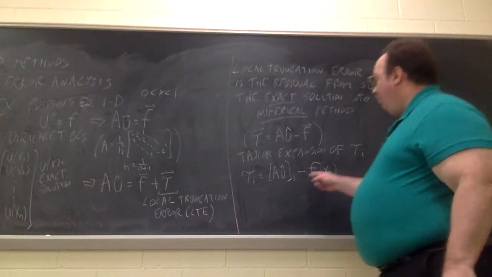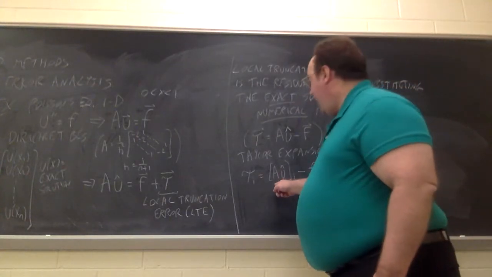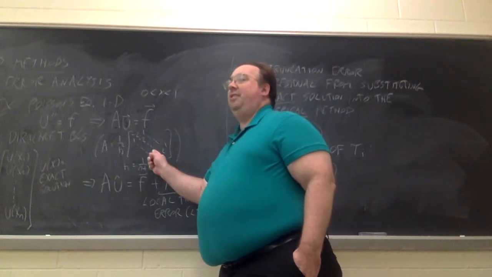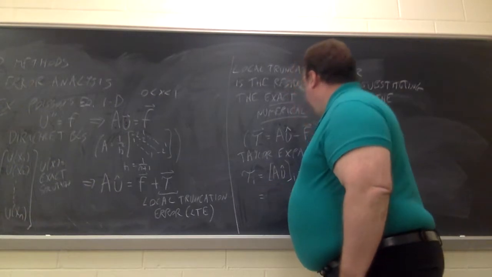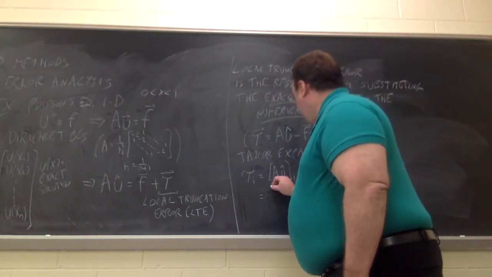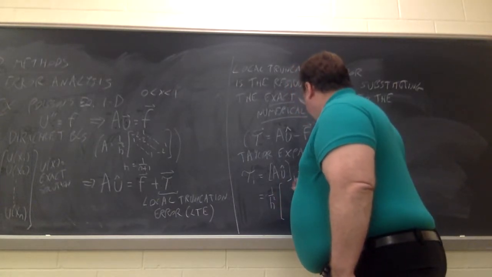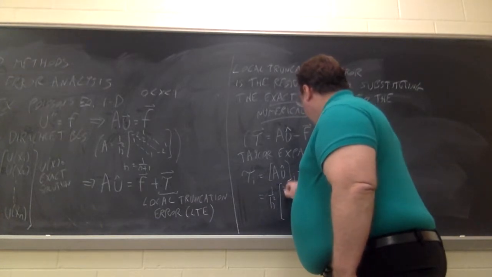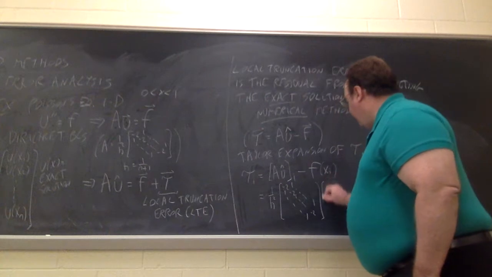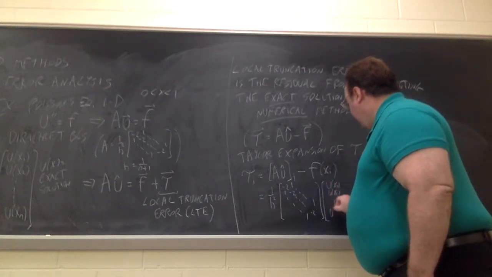Okay, now, what is this? Well, here's where we use the fact that A is this matrix. That's going to be 1 over h squared, and then this matrix, with minus 2 on the diagonal and 1s on the off-diagonals, times the vector u of x1, u of x2, up to u of xn.